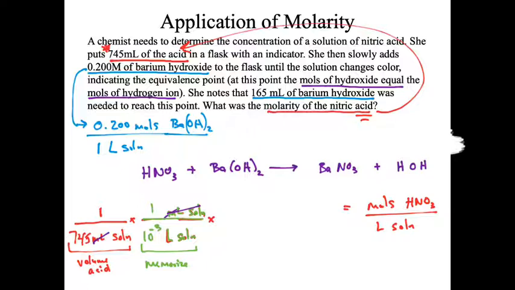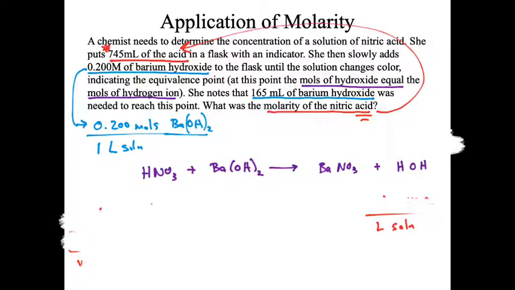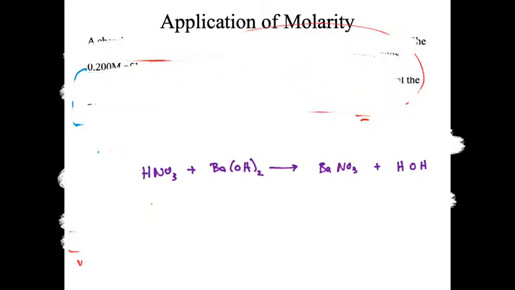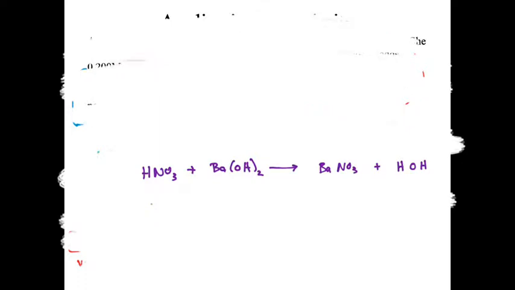745 is milliliters, not moles, so that doesn't work. I really hope this doesn't come back and bite me, but we'll see. Where's the information relating moles of one substance to the moles of the other?